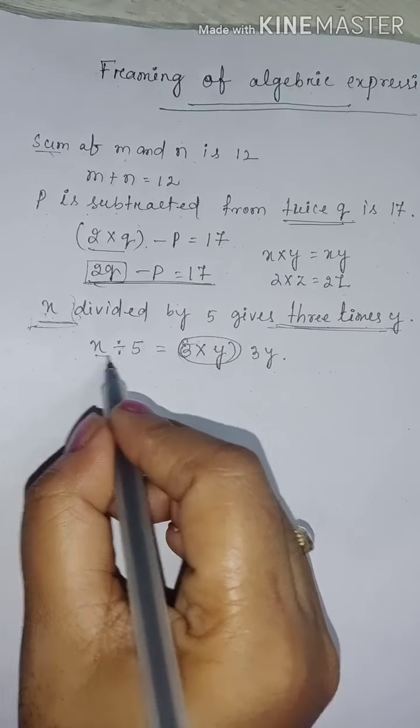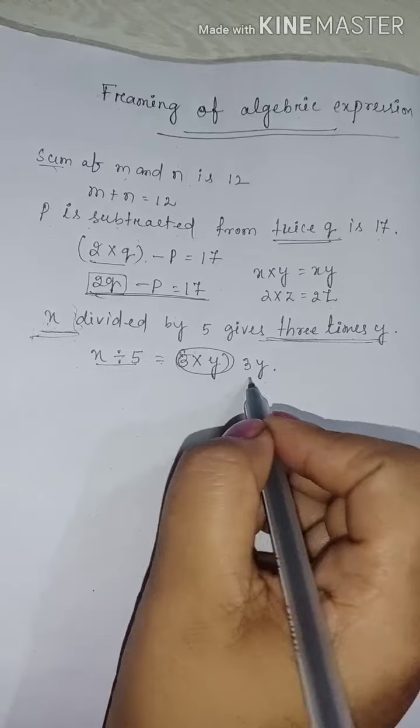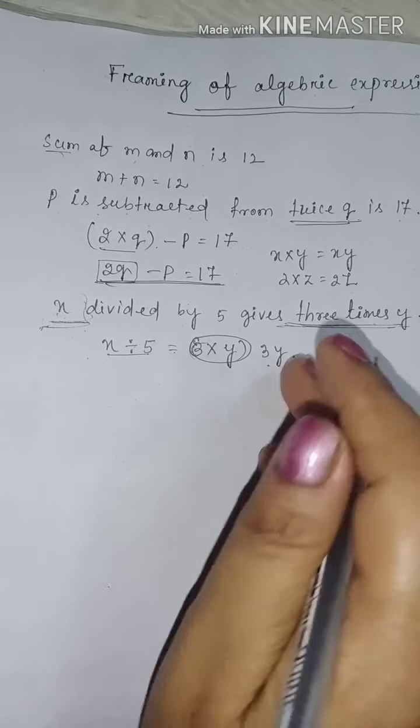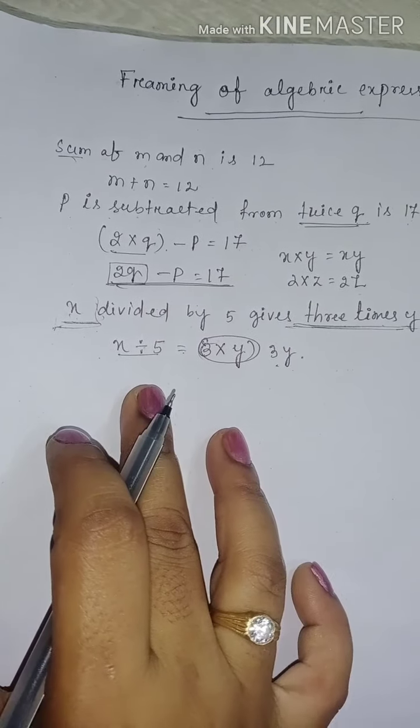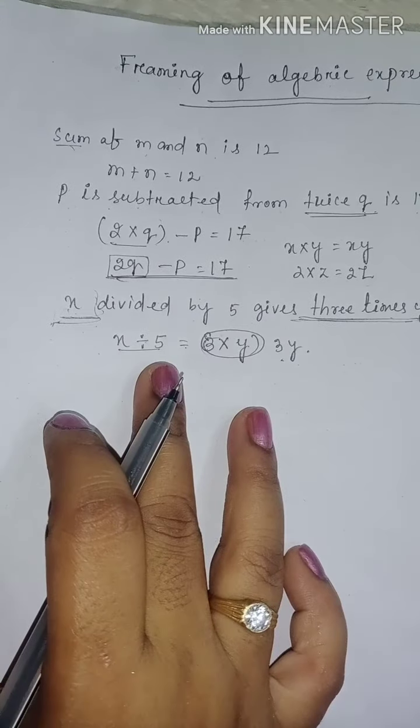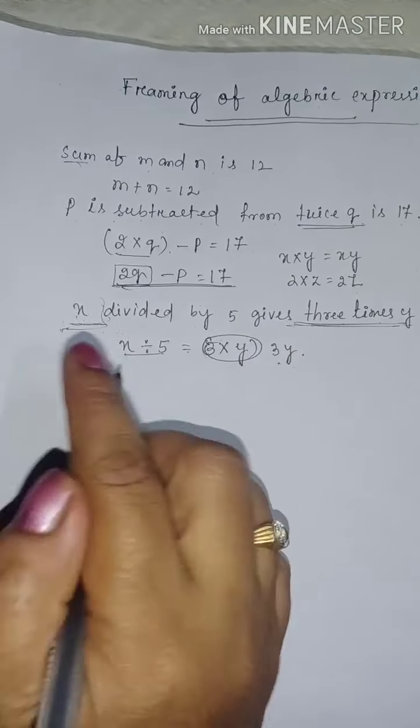That means x divided by 5 is equal to 3y. Clear? Like this, these are the algebraic expressions we are making from the word questions.